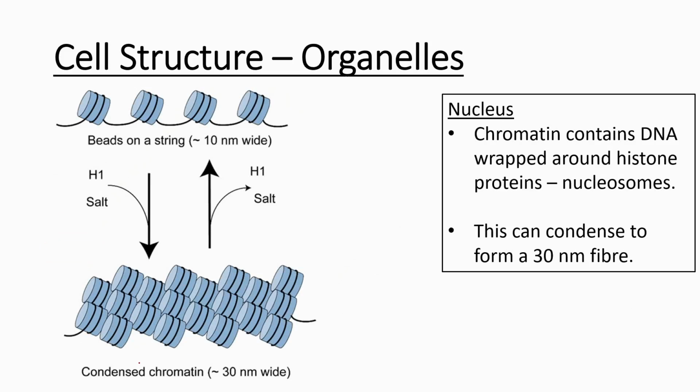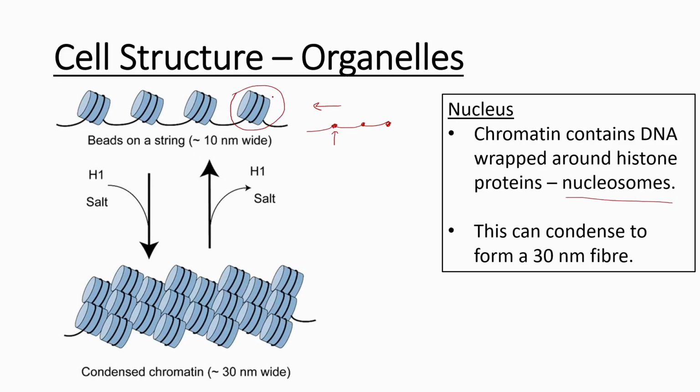Now, chromatin can be seen here, and the first structure I've shown here is a beads on a string appearance, and this will be shown like this. It'll appear like this under an electron microscope. Now these beads are nucleosomes. Nucleosomes we can see here contain histones, and the DNA is wrapped around the histones.